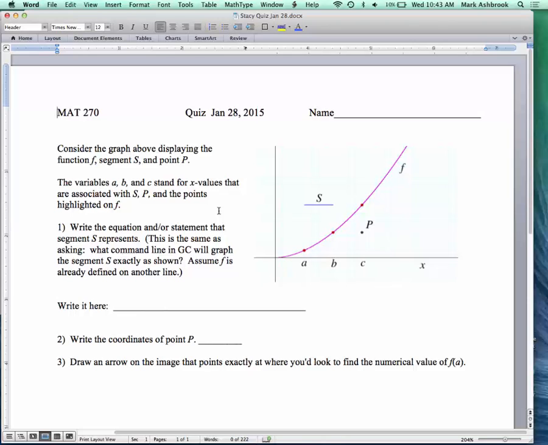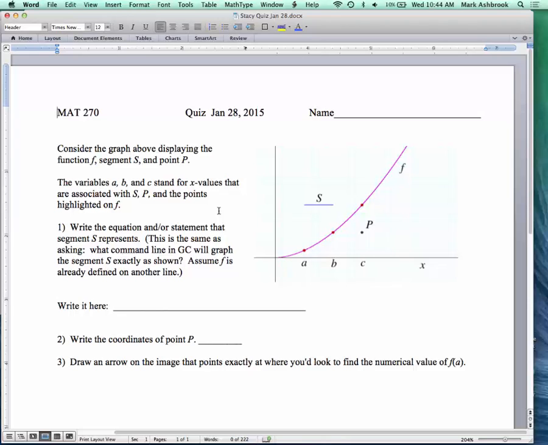Okay, one more minute. 1 minute. Okay, finish up what you're writing.